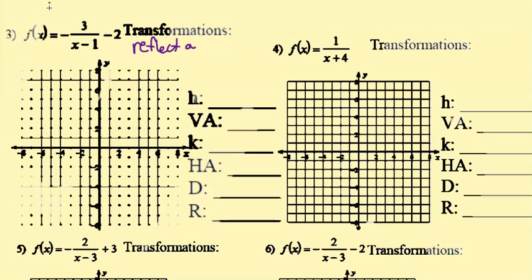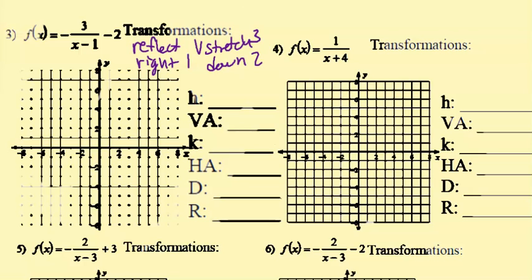And you'll have to specify if it reflects across x or y, since it wouldn't make a difference here. This 3 right here would be a vertical stretch. The 1 right here is going to go to the right 1, and then the minus 2 is down 2.